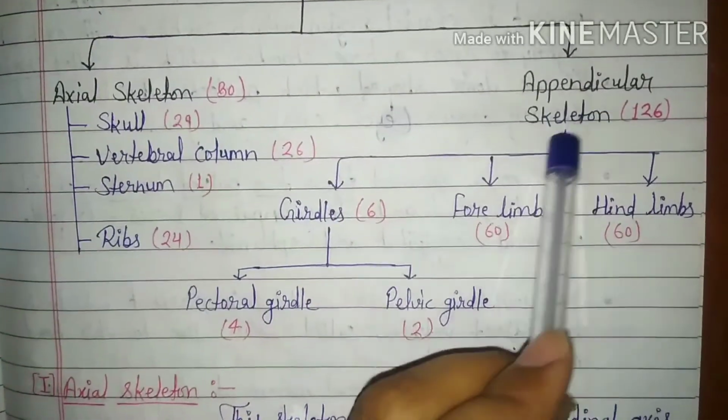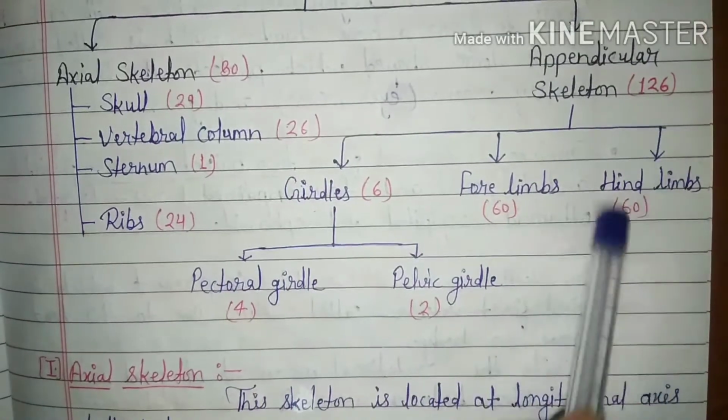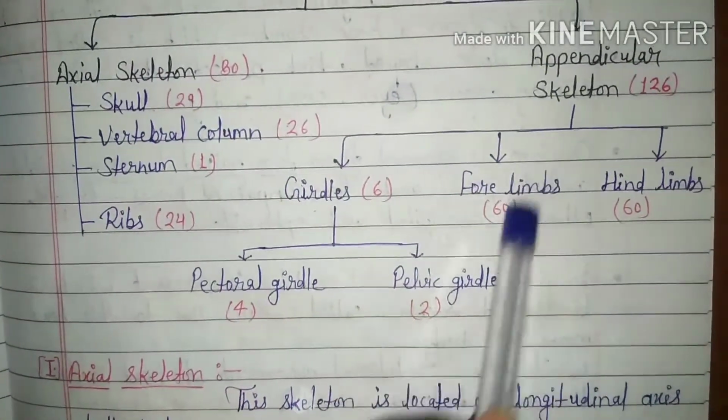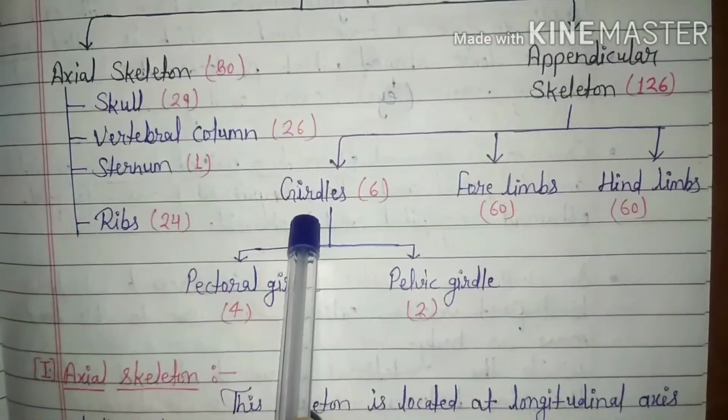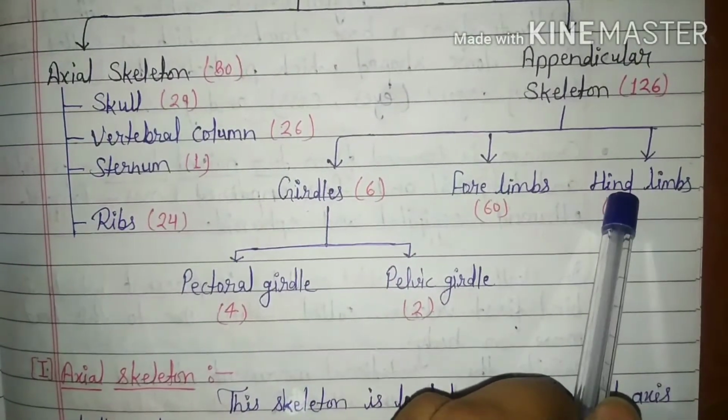In the appendicular skeleton, there are a total of 126 bones and it is divided into three parts: girdles, forelimbs and hind limbs.